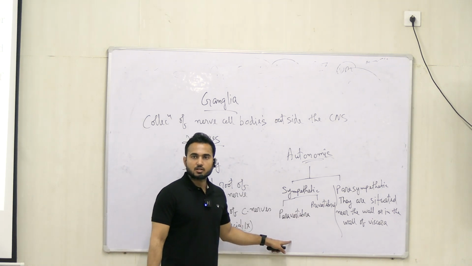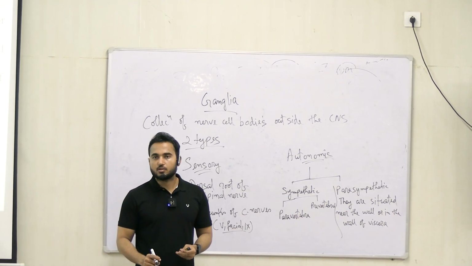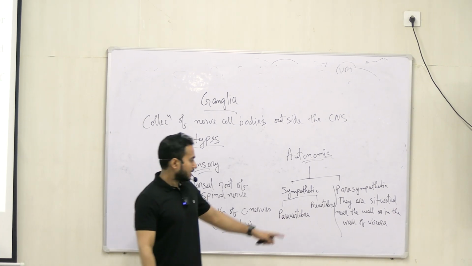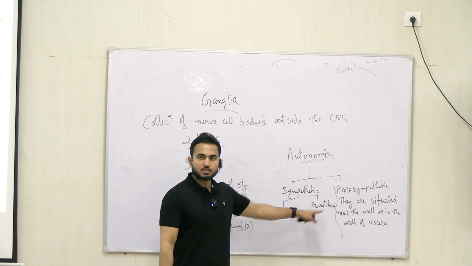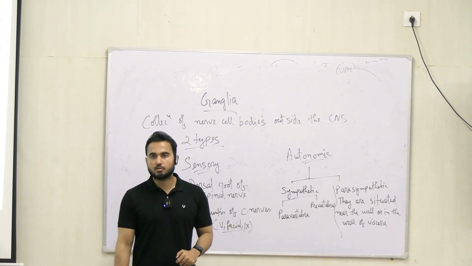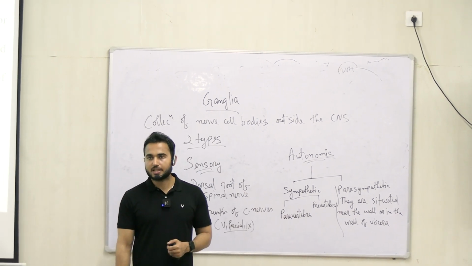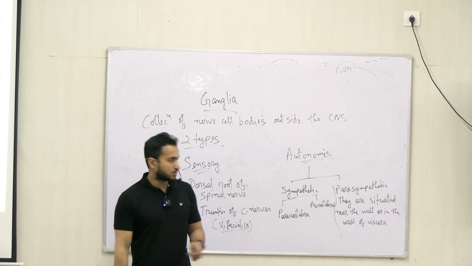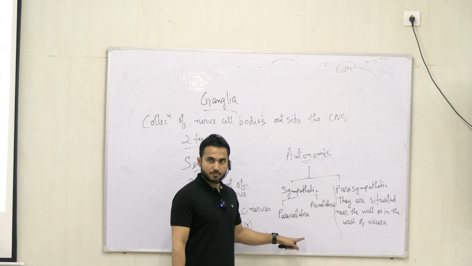Paravertebral means the sympathetic chain, situated on either side of the vertebral column. Prevertebral means situated in front of the vertebral column, for example the celiac ganglia, superior mesenteric and inferior mesenteric. So these are sympathetic ganglia.